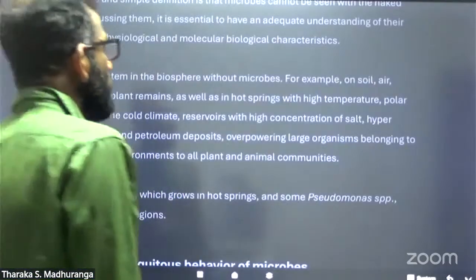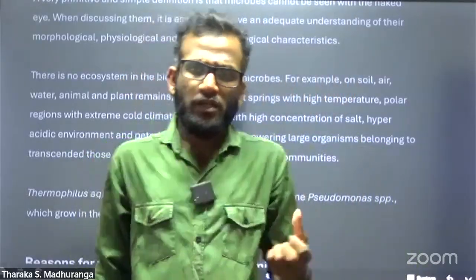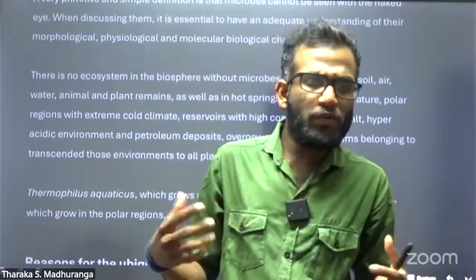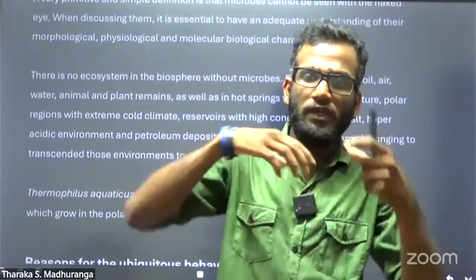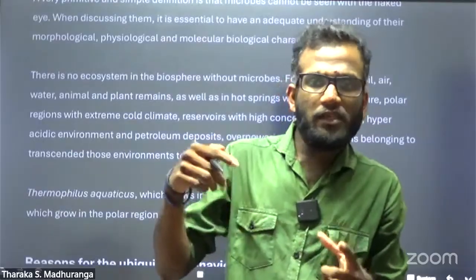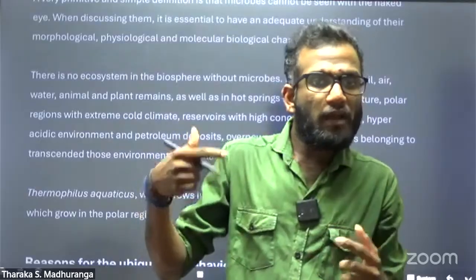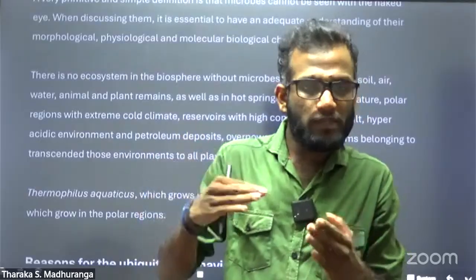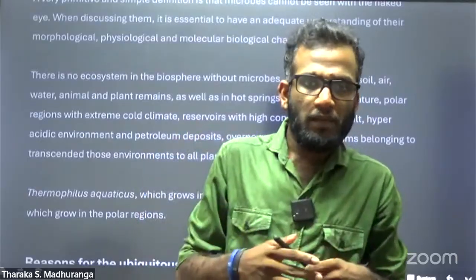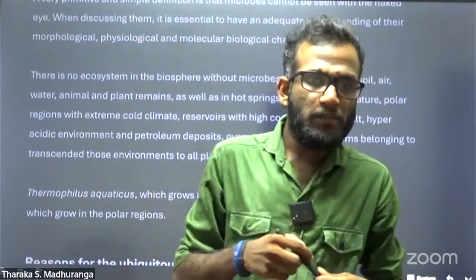They can live in every environment on earth. If we consider hot springs, other organisms like animals and plants cannot live there. They can't adapt to this hot environment, the high temperature. But microorganisms can live even in this environment.